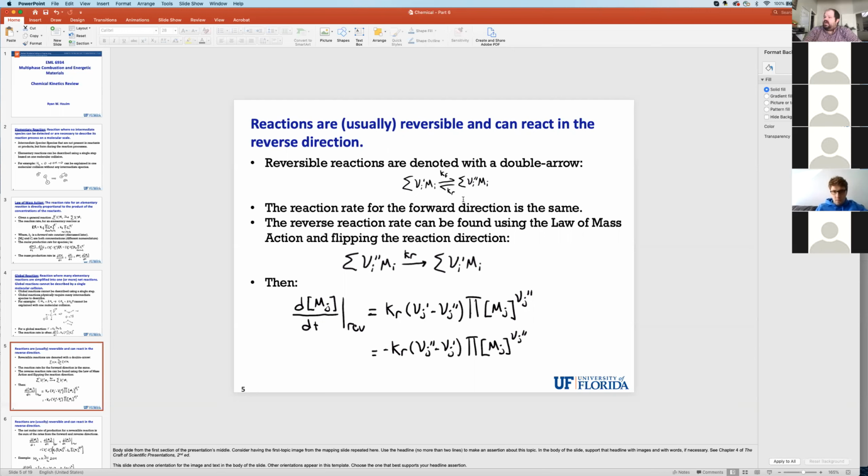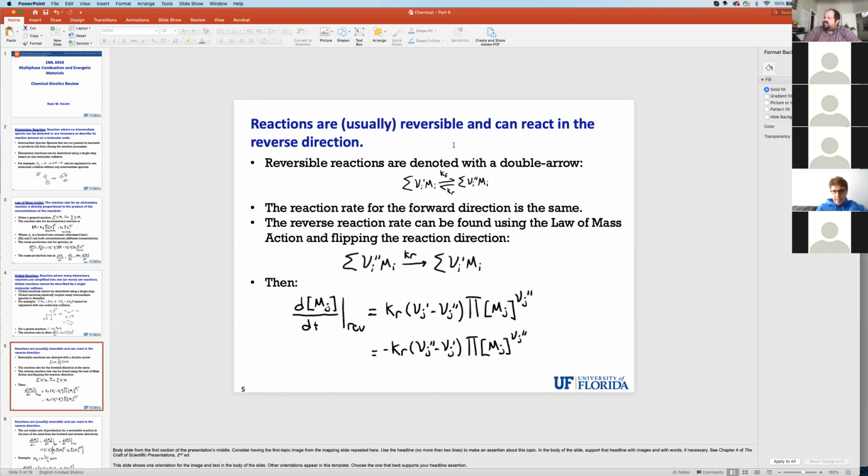Okay, and so for these reactions, the chemical reaction rate for the forward direction is the same as it was before, using the law of mass action, and the reverse reaction rate can be found by, again, using the law of mass action, assuming this is an elementary reaction, by simply flipping the reaction direction.